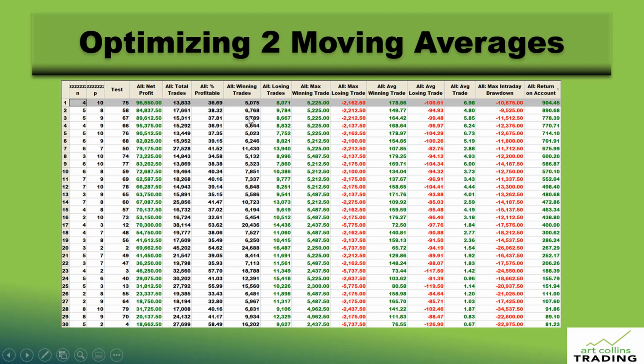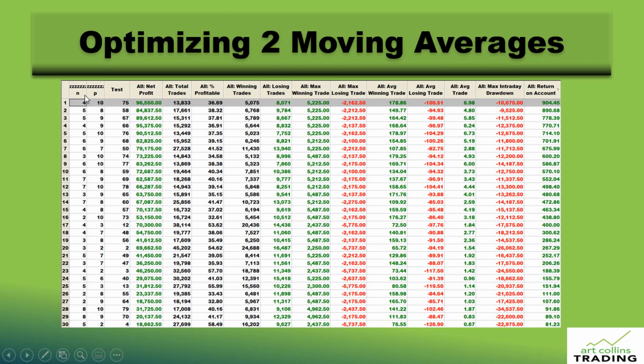That is the net profit divided by the worst drawdown. And the result gives you the percentage that your account would have increased had you started with your worst drawdown amount. So it's telling us that our little closing average should be 4, and our bigger one should be 10.